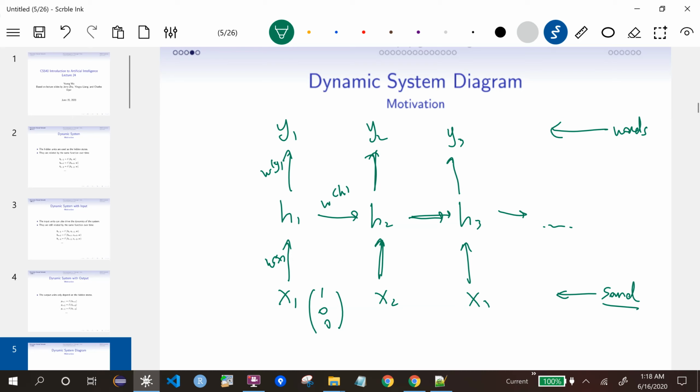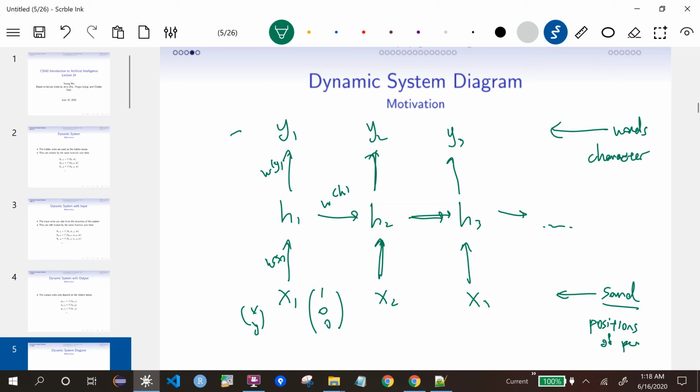And also, if we want to recognize handwritten digits, then these X are the positions. So for example, XY position as a time series. And then we are generating a label, positions of the pen, and we're generating a label, which is basically the character, handwritten character that we are writing.